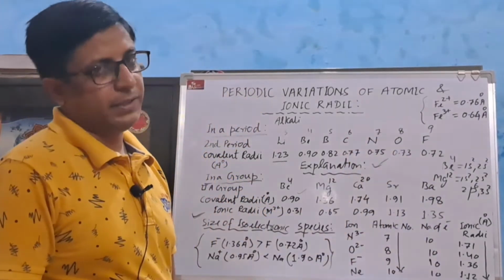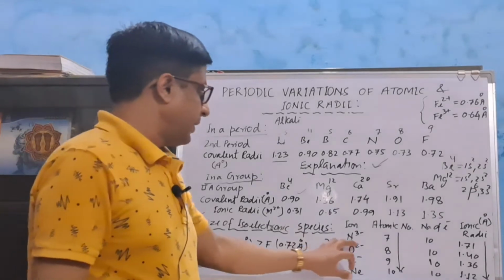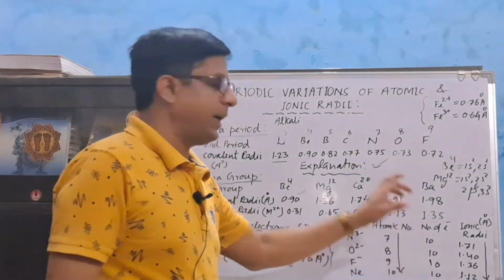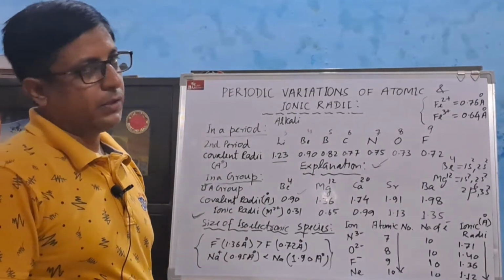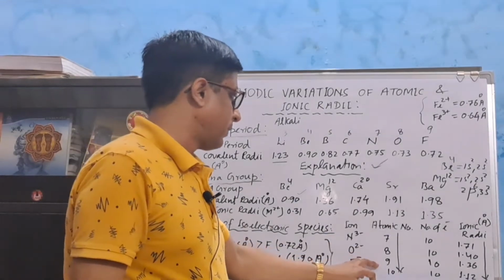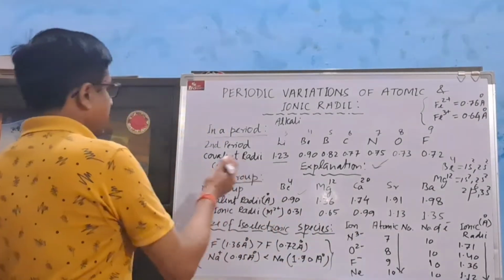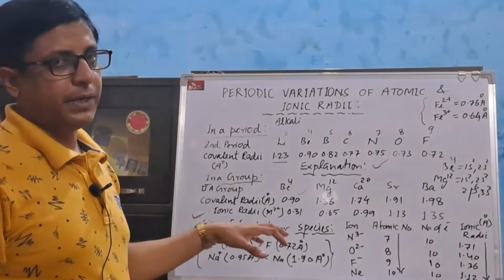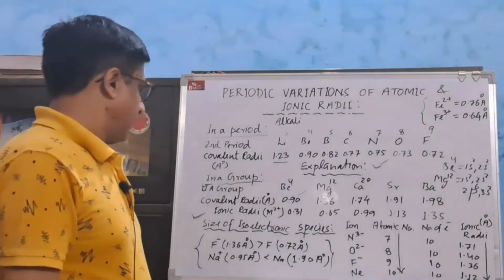The size decreases with the increase of atomic number, since the electrons are being added to the same energy level, no extra or new energy level is formed. In case of nitrogen, oxygen, fluorine, electrons are being added to the same energy level.